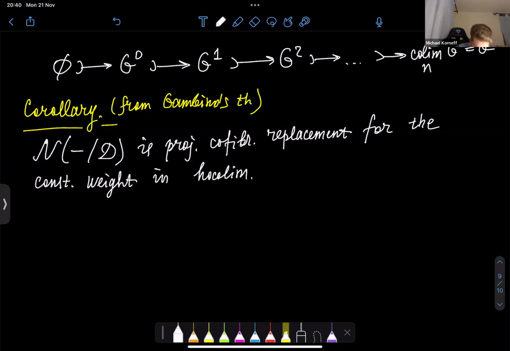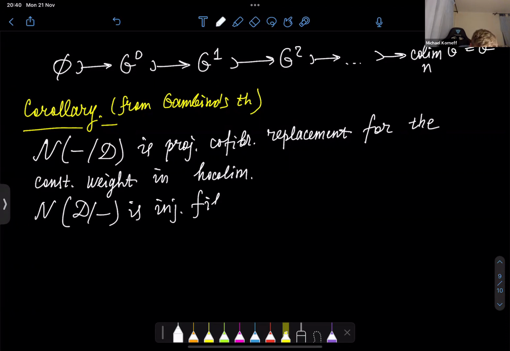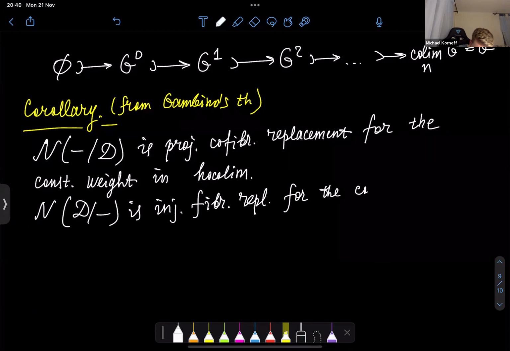And also this functor is an injective fibrant replacement for the constant weight in the homotopy limit.